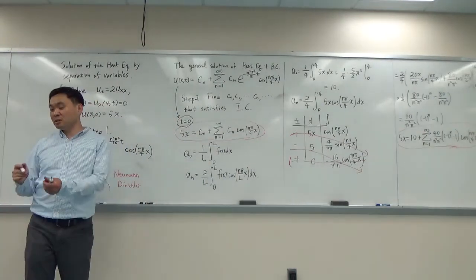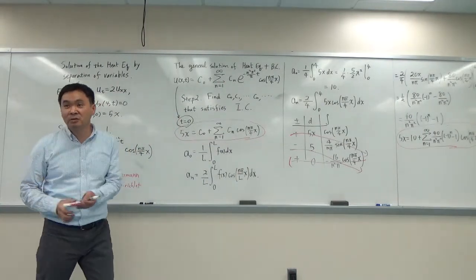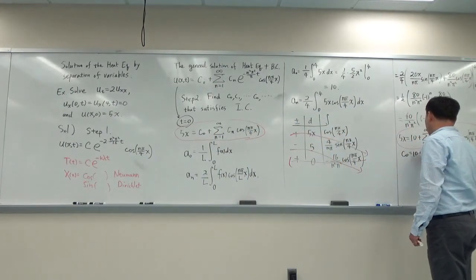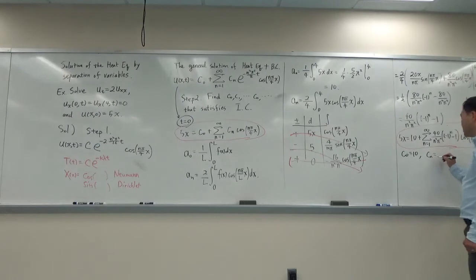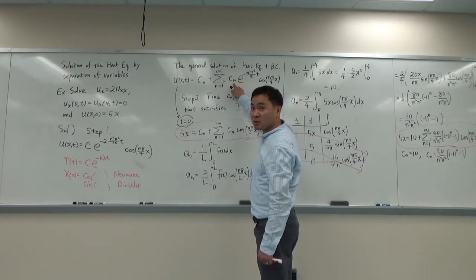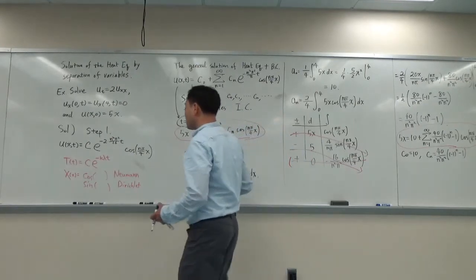That tells you what the C's are, right? What's C0? 10. C0 is 10. What's Cn? It's the coefficient of this cosine, right? So it's 40 over n squared pi squared, negative 1 to the nth power minus 1. And therefore, we figured out all the C0 to Cn. It goes right here. So now we can write the answer down.